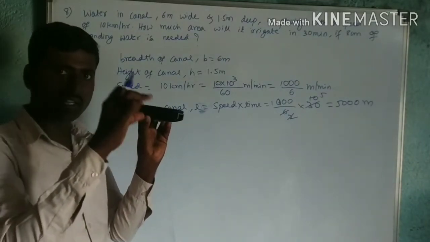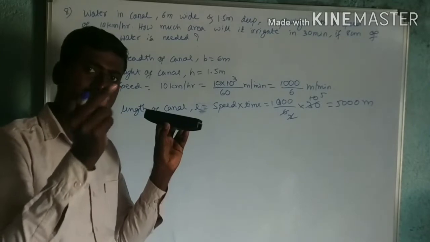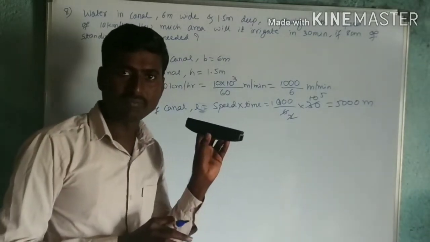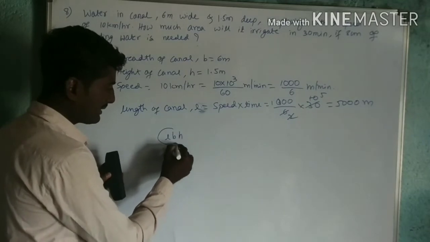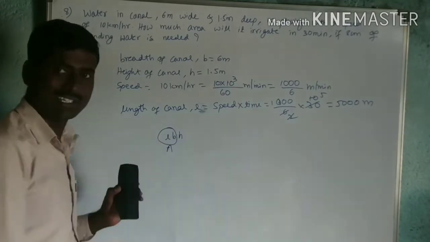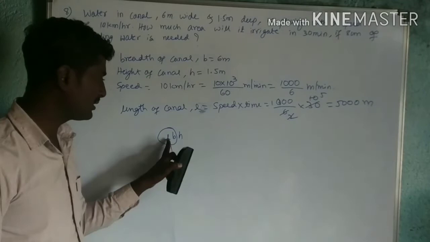The water standing on some area is nothing but we can take it as a cuboid shape. If I write L, B, H, can I take LB as the area of cross section? Area of cross section, length into breadth.